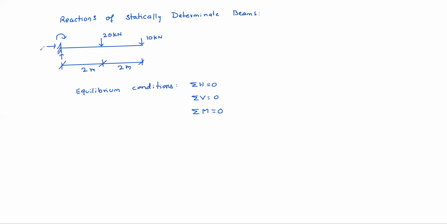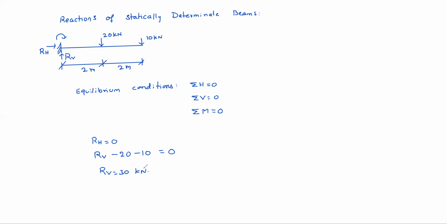The horizontal reaction, suppose RH, only one force is there, so RH must be 0. Similarly, the vertical reaction RV. Upward force, if you take positive, downward forces are 20 and 10. So if you take upward force positive, downward can be taken negative, opposite nature, okay. Sum of the vertical forces equal to 0, so the vertical reaction will be 30 kilonewtons.